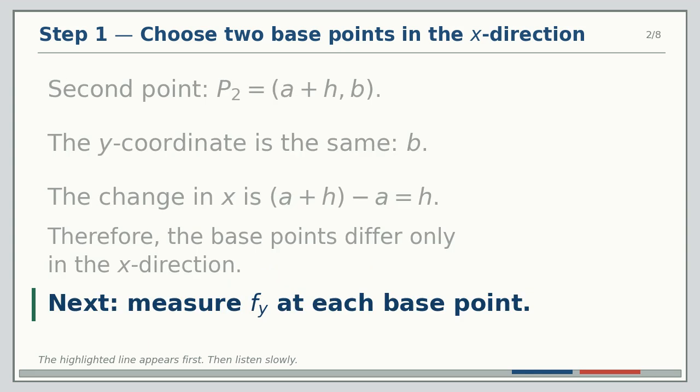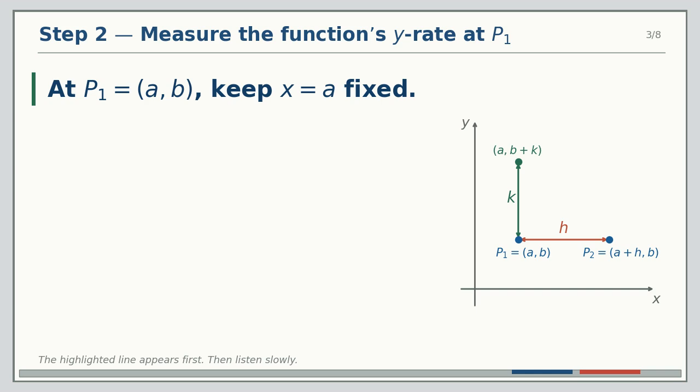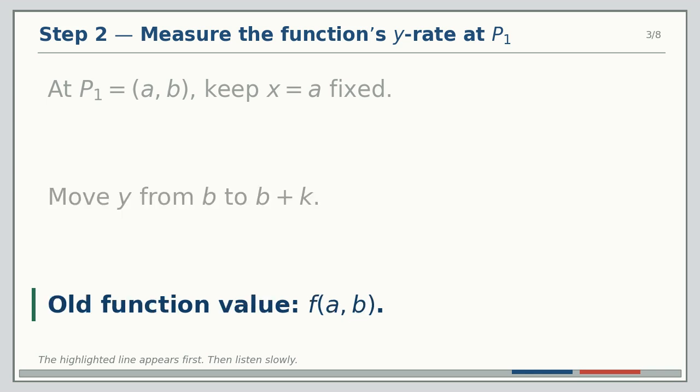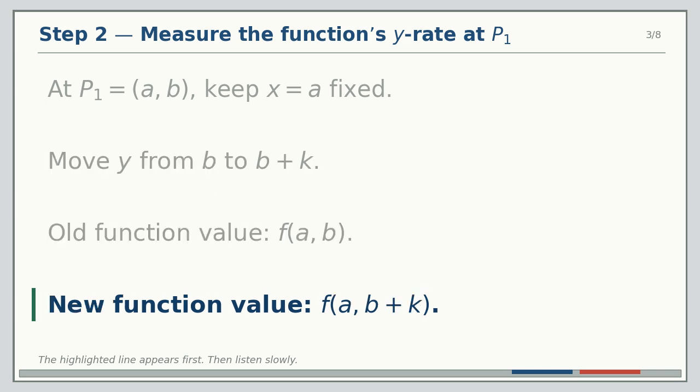Next, we measure f sub y at each of these two base points. At P1, equal to (a, b), keep x equal to a fixed. Now move y from b to b plus k. The old function value is f of a comma b. The new function value is f of a comma b plus k.